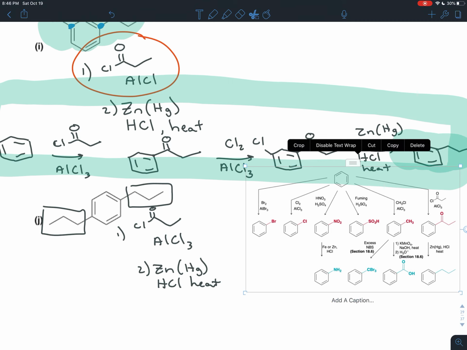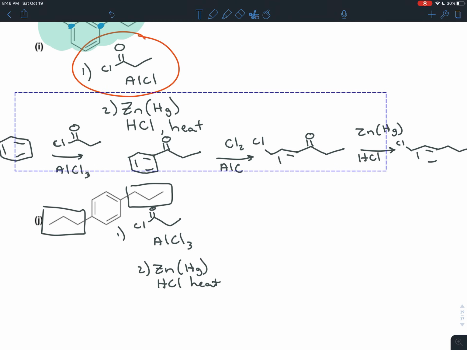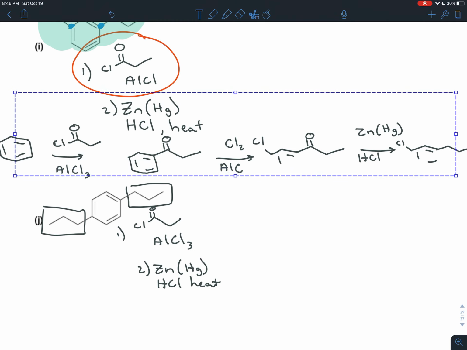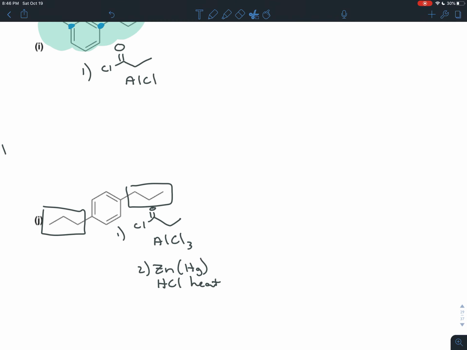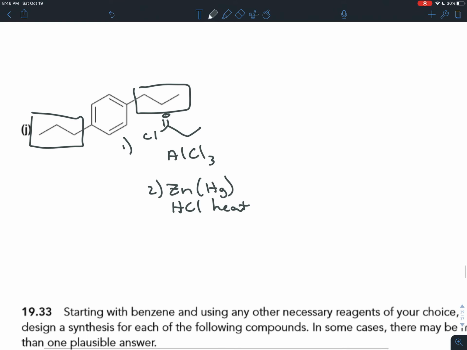Now let's think about the order that we'd have to do those in. Let's clean this up a little bit. So now let's think about the order we'd have to add those in. Well, notice that these are para to each other. And each of these are alkyl groups, which are ortho-para directors.